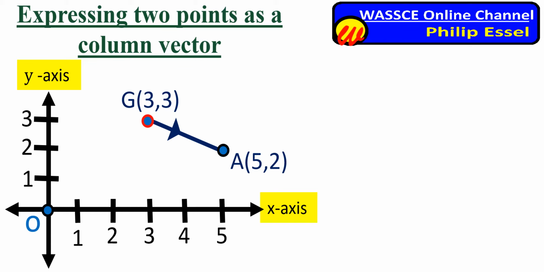But the question is this: if I'm standing at town G and I'm going to town A, is that the only road I can use to town A? That is the blue arrow. Think about it. Can there be any other way by which we can get to town A from town G without passing through the blue arrow?